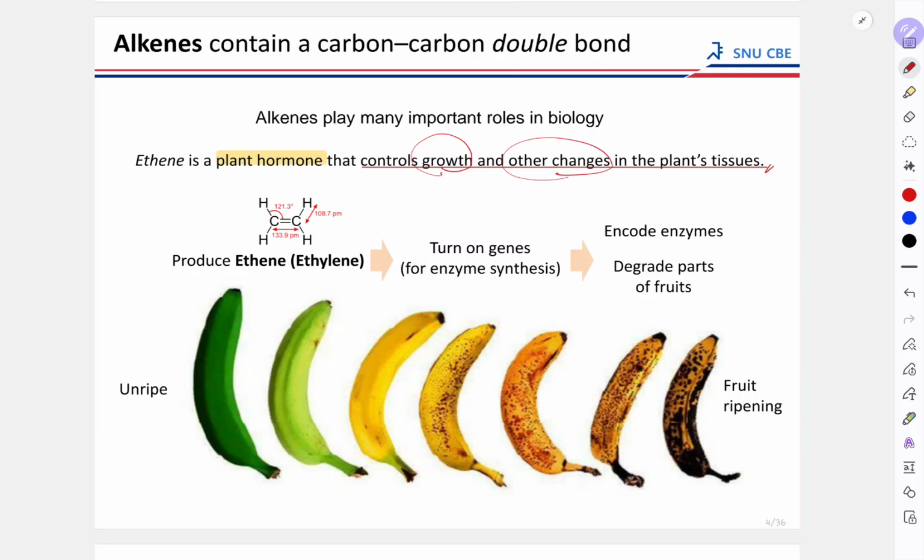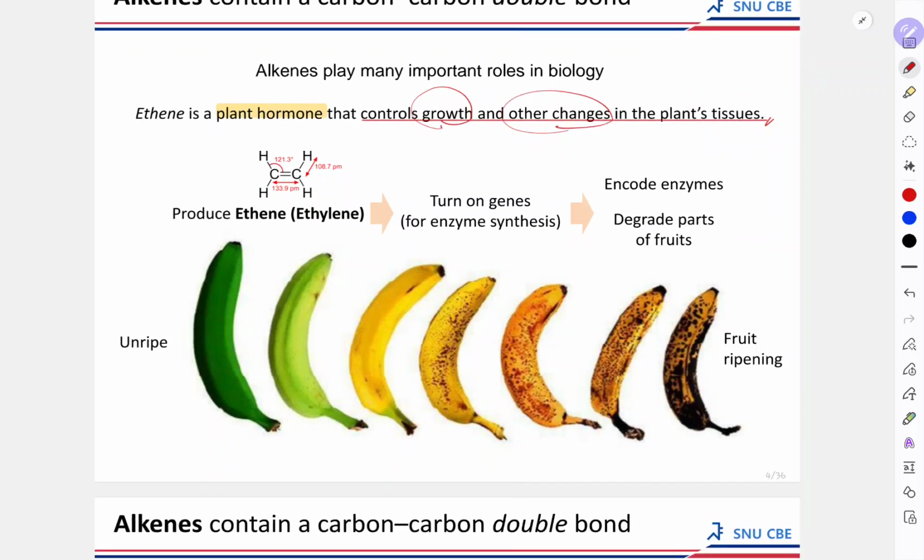So ethylene can turn on the genes for enzyme synthesis, and this functions in the fruit, right? They facilitate basically the degrading part within the fruits. That's what ripening means. Right? So from getting a green banana to a ripe banana, you need to get them ethylene.